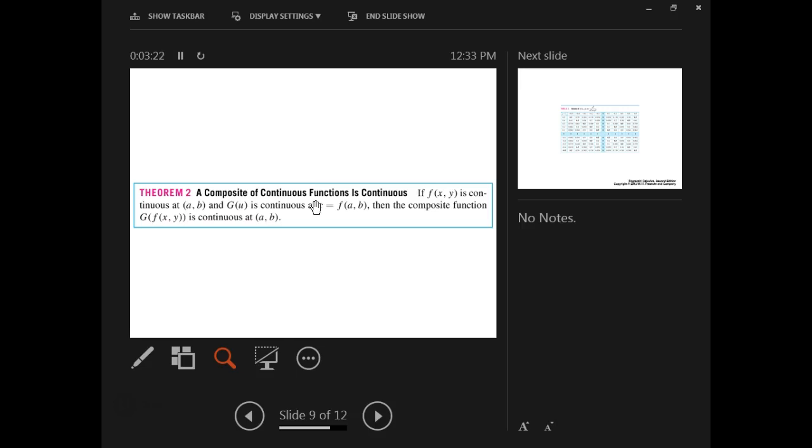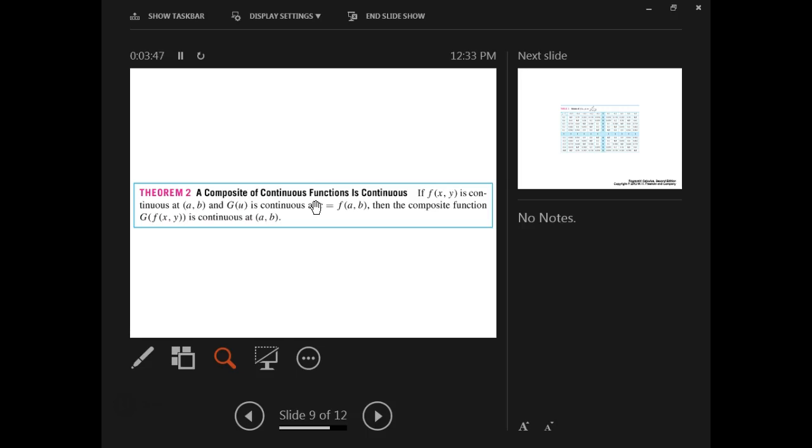notice, remember when we had single variable calculus, you could do f of g and g of f, and they generally weren't the same. This would be very difficult to go the other way, because g is a function of one variable only. So that variable would be, say, the value of c at f of a,b.